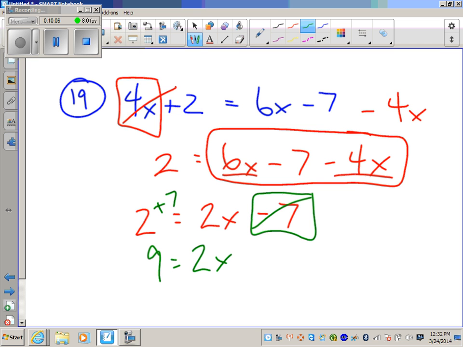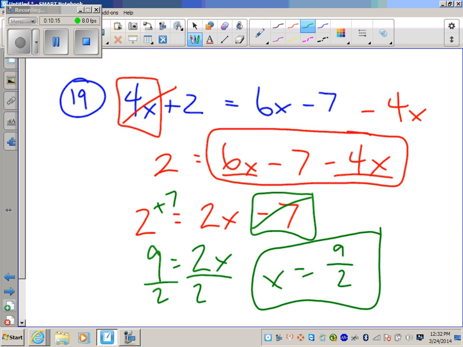Follow me? Now we'll divide both sides by 2, and x equals 9 over 2. All we did was keep moving stuff around until we cleared things up with like terms or whatnot. Okay.